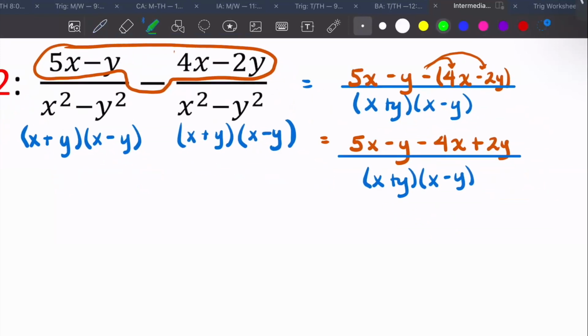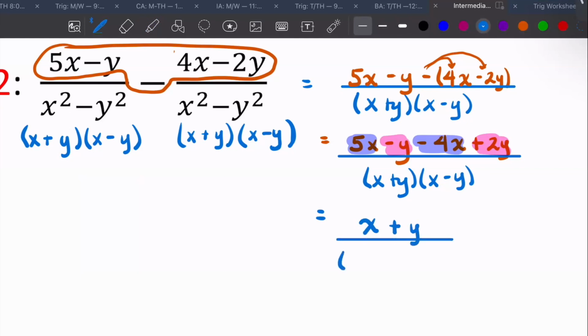Now we can add like terms: 5x minus 4x, and then negative y plus 2y. So that gave us 1x, or x, plus y over (x plus y)(x minus y), okay?